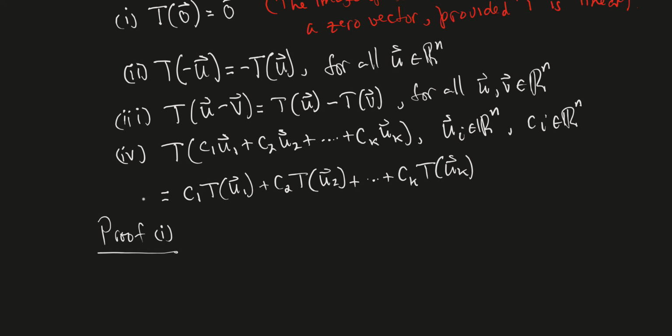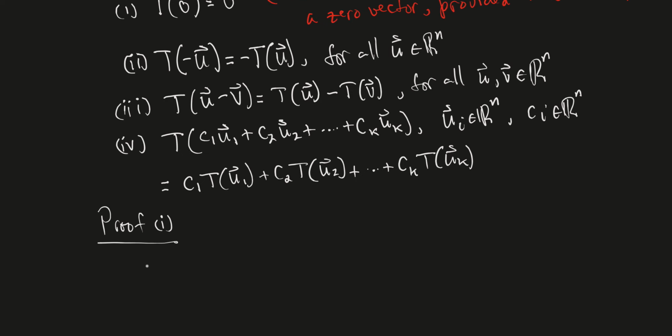And so let's start with something like this. If we start with trying to transform the zero vector, well, the zero vector can be written as the scalar 0 times any vector v in my vector space Rn.